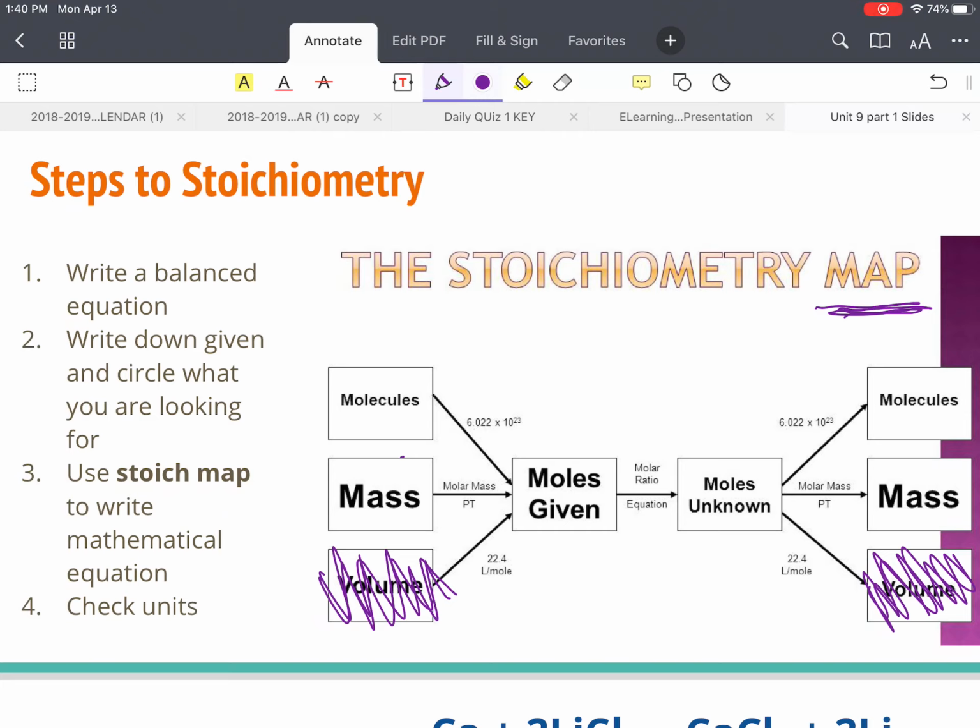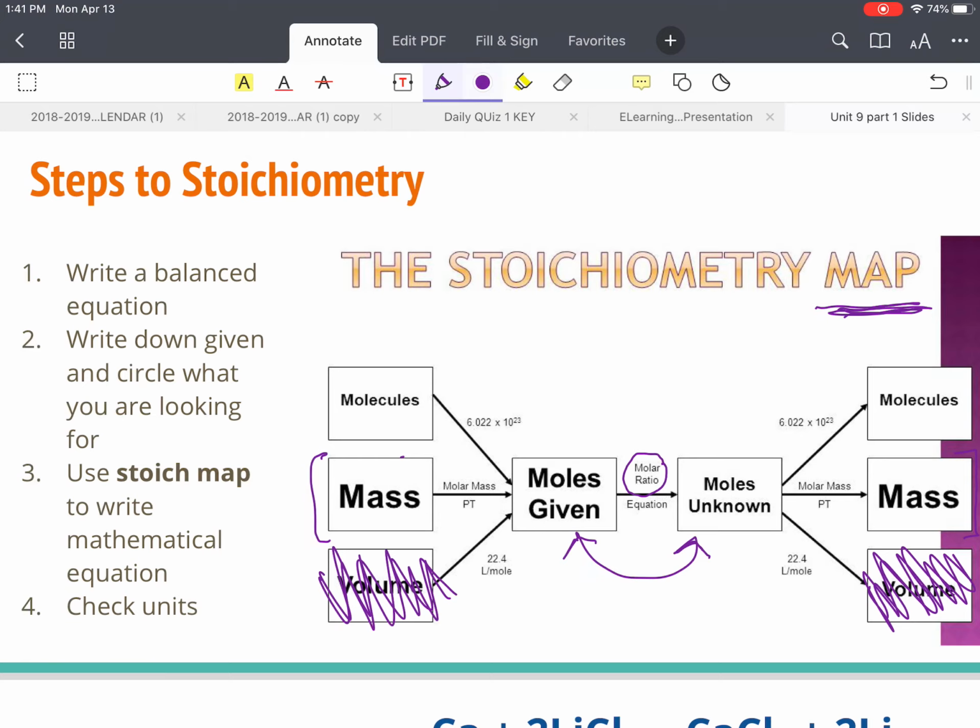Basically, if I have a mass of some given substance here and I want to find the mass that I can produce of my unknown, I'm going to have to use this mole ratio to swap between what I'm given and what I'm looking for.